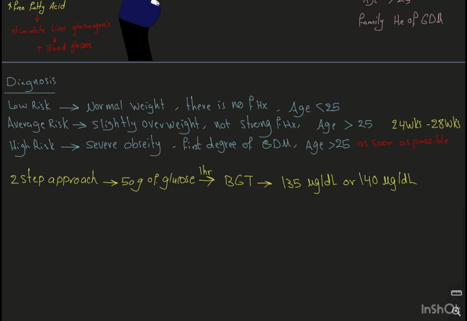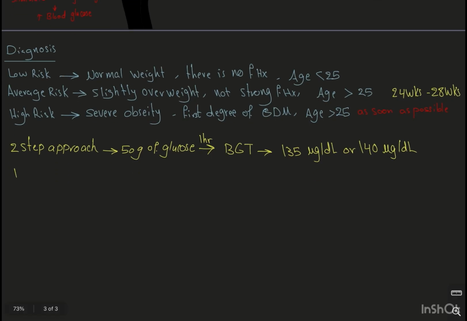The 135 is better in sensitivity, but it has less specificity than 140. Here we will depend on 135. So any patient with a result of 135 or more has to go into the second step, which is the glucose challenge test. If she has lower than these results, there is no need for another test.